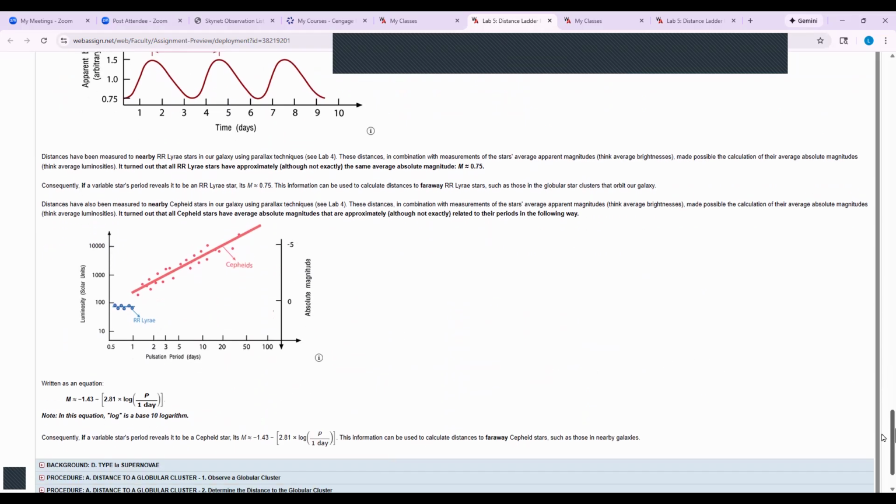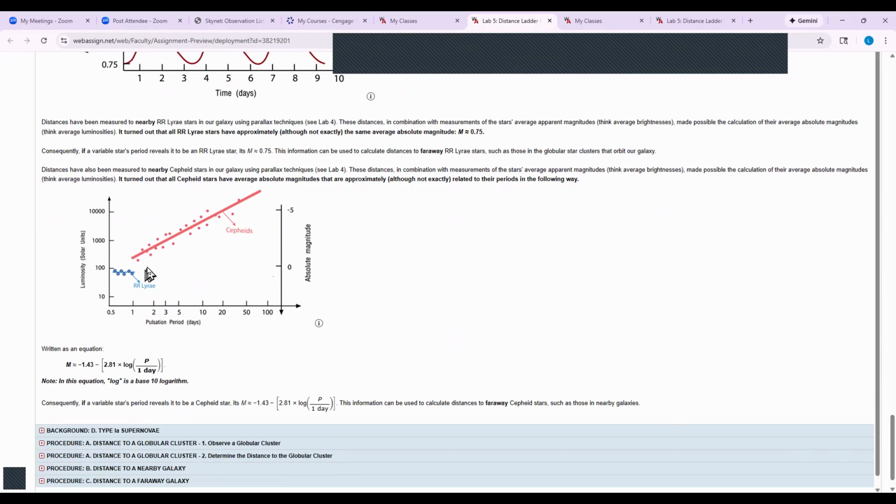And on the Cepheid, it's a little bit different. RR Lyrae, as you see, all align in one line, because they all have the same luminosity. But on the Cepheid, luminosity is not the same, like the 0.75 here. It is proportional, like the graph showing here. The graph here that represents the Cepheids seems to be linear from here to here, like a line.